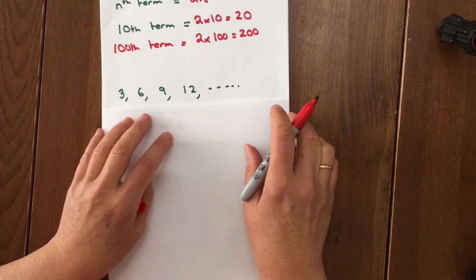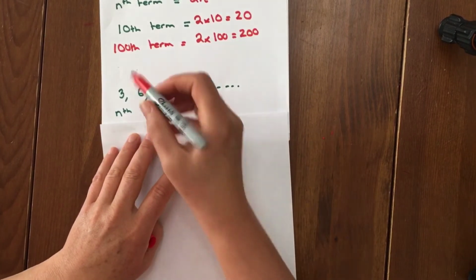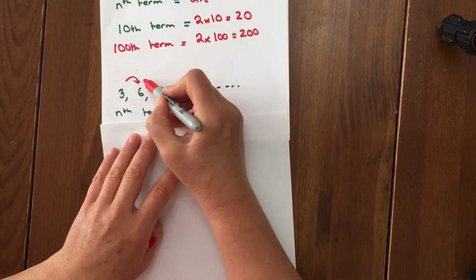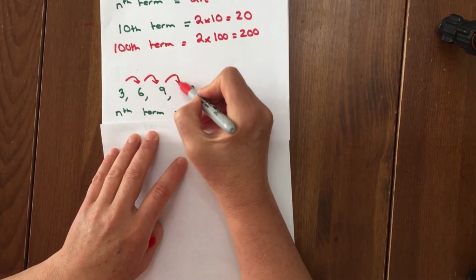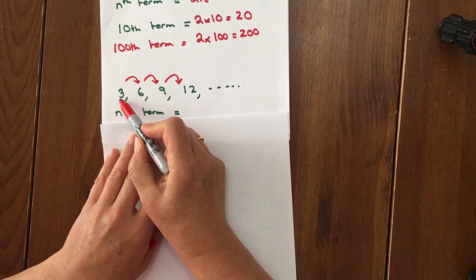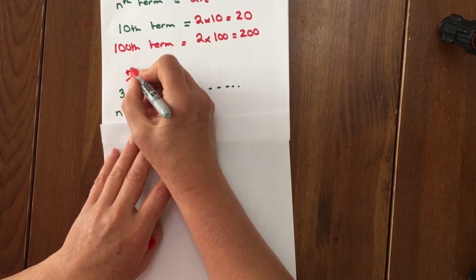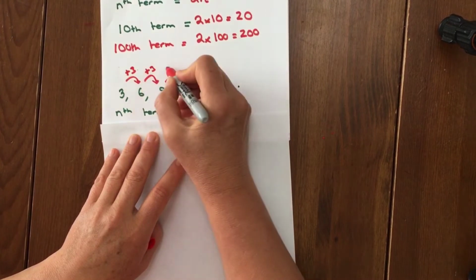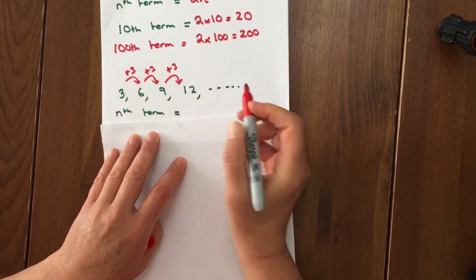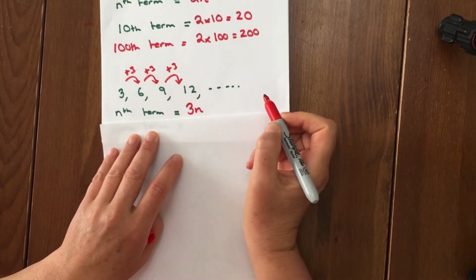I want to work out what the nth term of this sequence is. Well, I can see the sequence is going up in threes, and it starts with 3 as well. So if it's going up in threes, and it also starts with 3, my nth term is 3n.